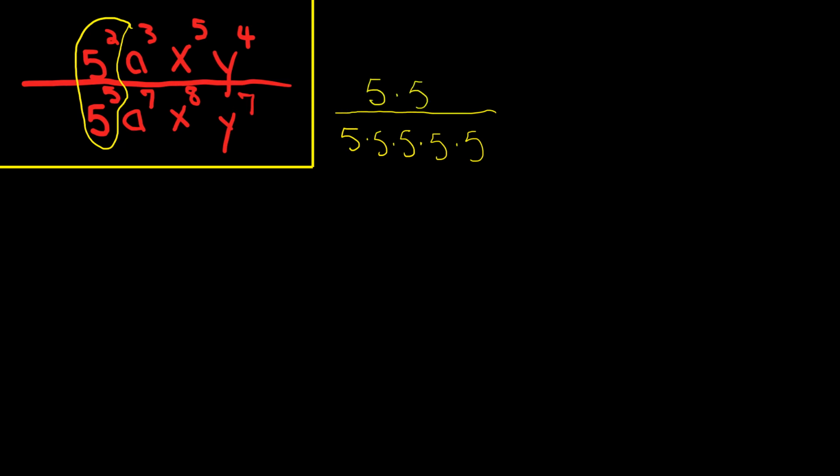So we would apply that same technique as we did before. Only this time we have 2 at the top, so we're going to knock off 2 at the bottom. How many 5's are left at the bottom? We have 3 5's. So this here will become 1 over 5 to the third.